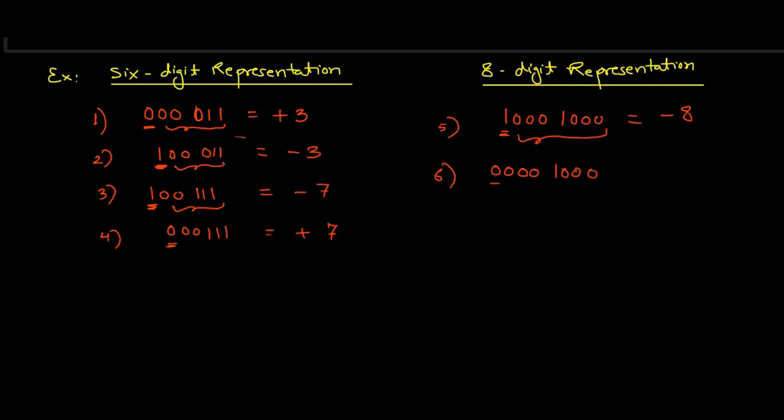Now this one, the sign bit is 0, means it is positive, and the value is 8. So this is a simple sign magnitude representation of any binary number.